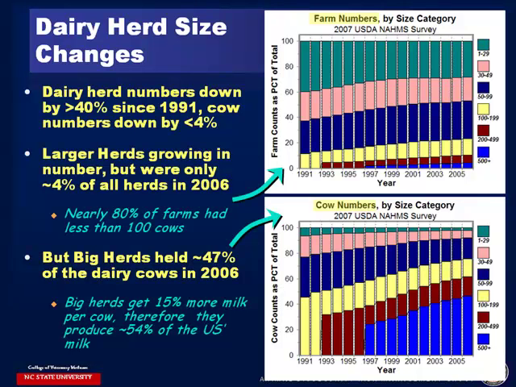But then the other way to ask the question is, where do our dairy cows actually live? That is shown in this chart, where it takes a look at cow numbers, again broken down by herd size. When you look at that, you will see these 4% of dairies owned 47% of the nation's dairy cows. Those herds tend to be higher producing than the average, so in actuality they produced over 54% of all the milk in the U.S. in 2006.